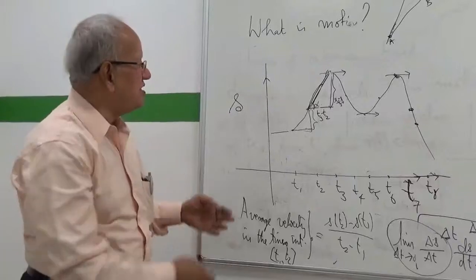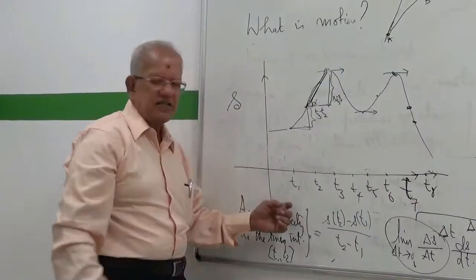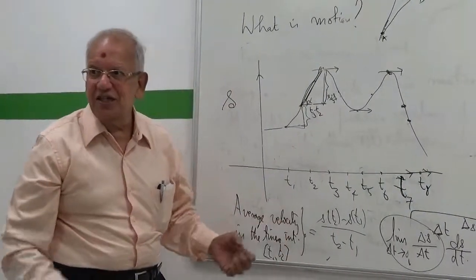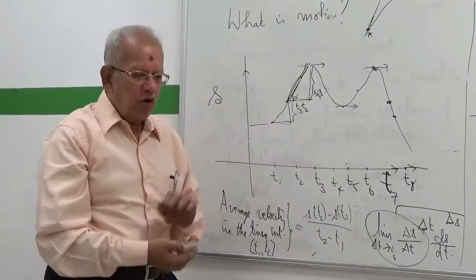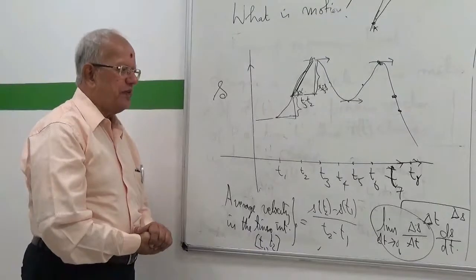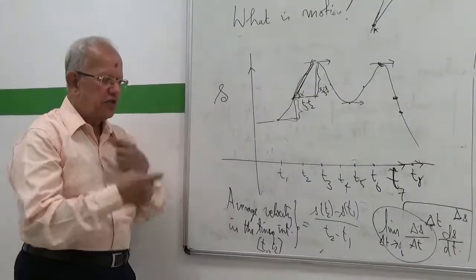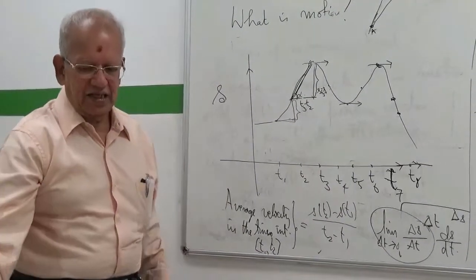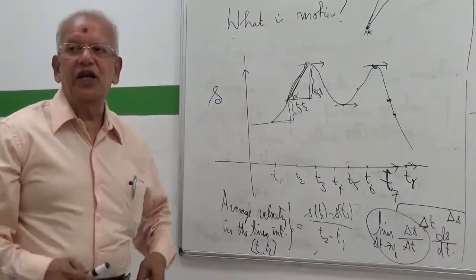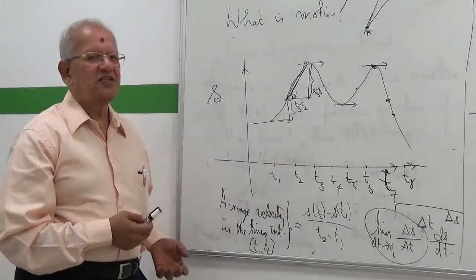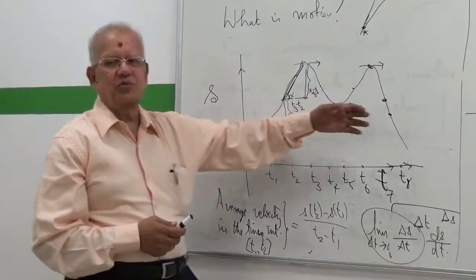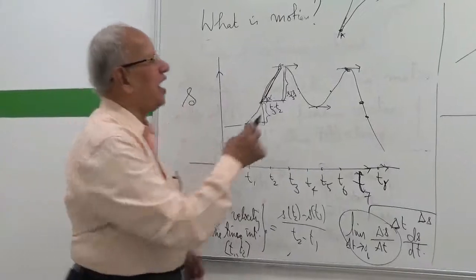Just as there is a change in the distance travelled as time changes, there is a change in the velocity as time changes. Now I can speak again of the rate of change of velocity. What is the average change in velocity? It means I have to look at v at t2 minus v at t1. So again the same thing, no?